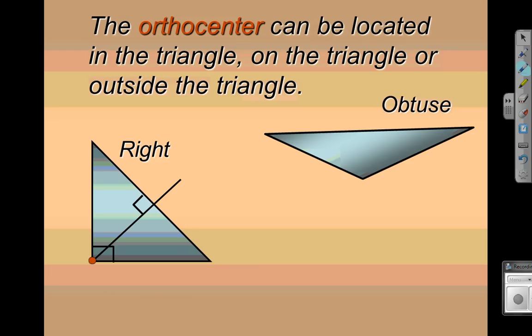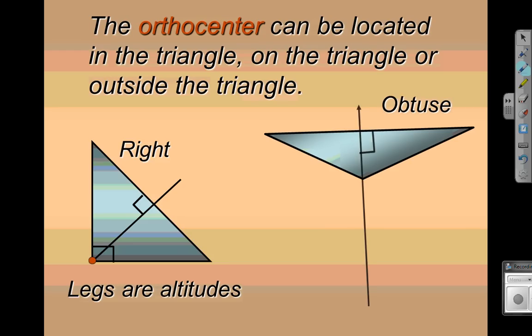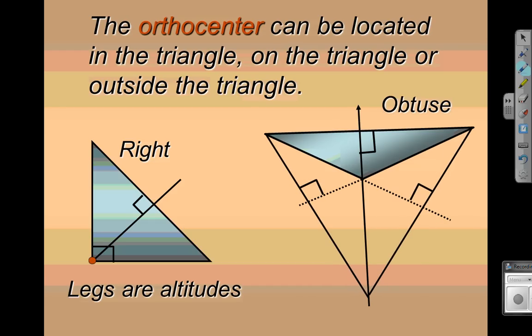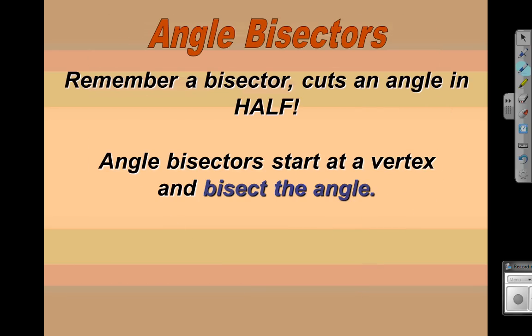In this example here, because we have a right triangle, the orthocenter is on the triangle. And in our obtuse triangle, the orthocenter is outside the triangle. We'll work on drawing altitudes and finding the orthocenter.